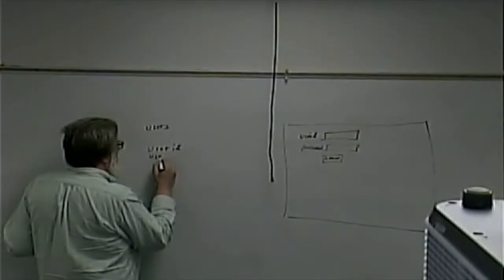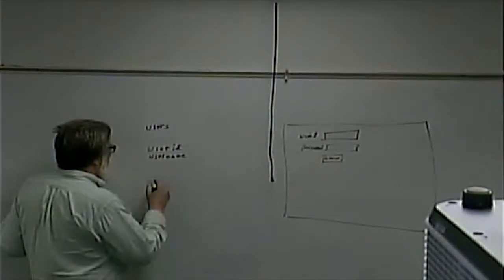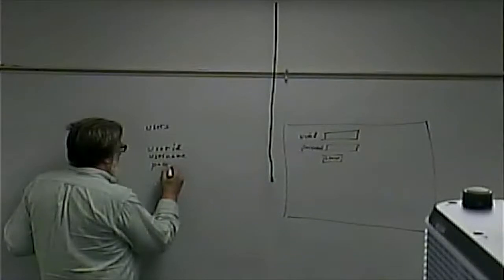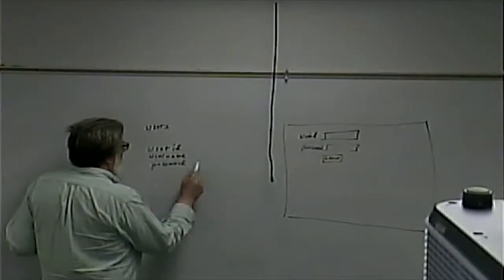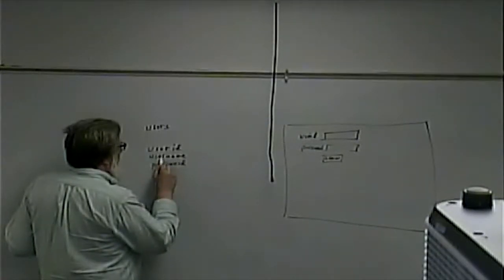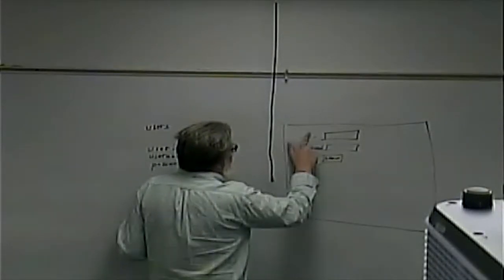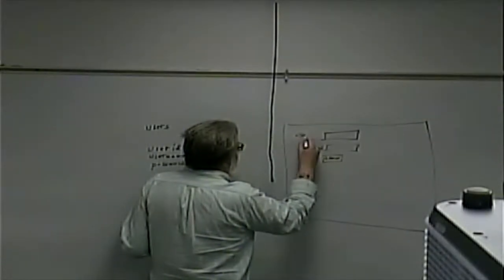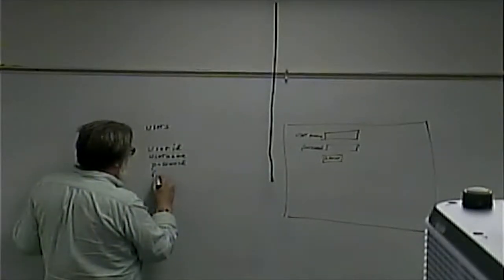Username. And what else? Password. Okay, we're going to at least have something like this, right? And in this case, we're going to have them key in their username. Maybe we're going to have another field for full name.